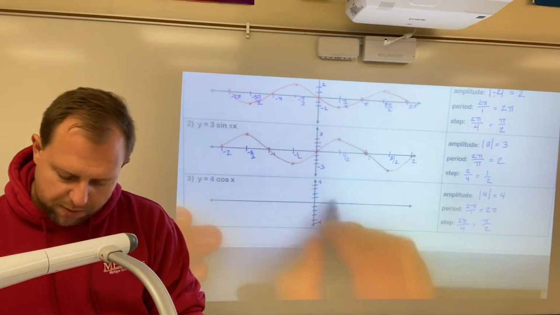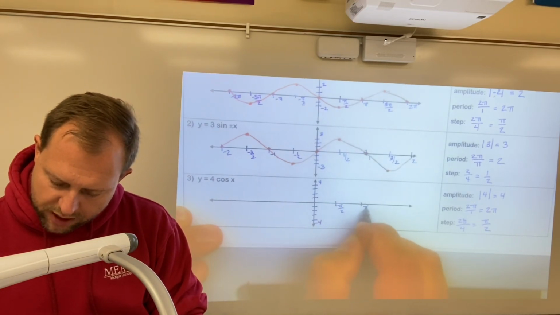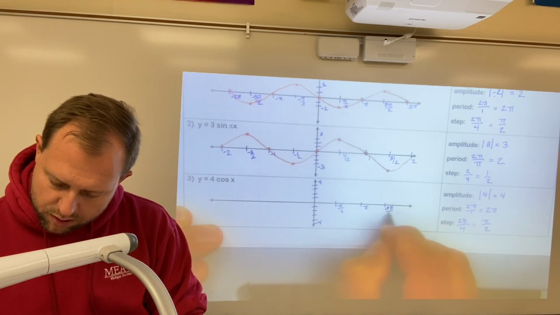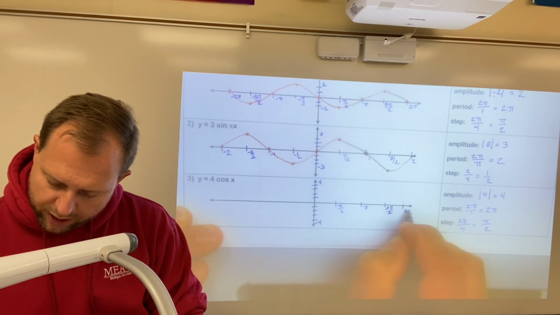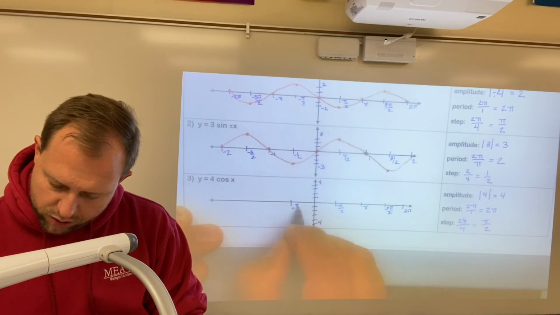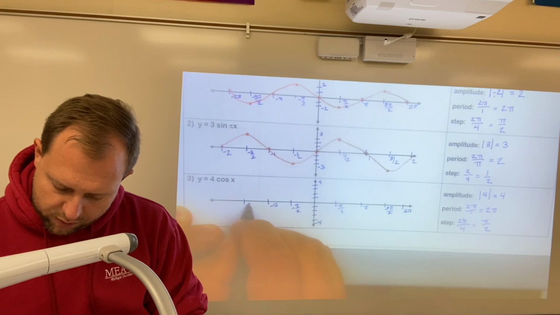Steps are 1/2 a pi, so we need 1/2 pi, pi, 3/2 of a pi, and 2 pi. Same in the reverse: -pi over 2, -pi, -3 pi over 2, and -2 pi.